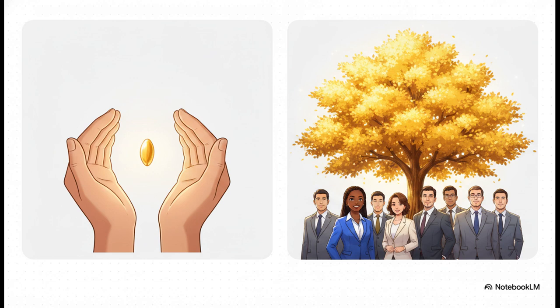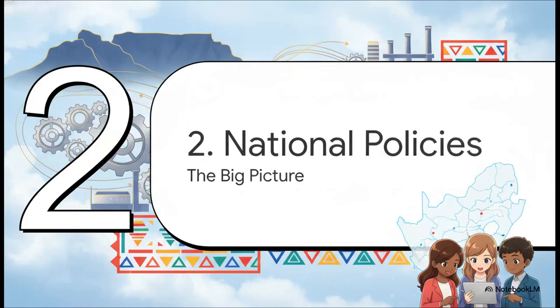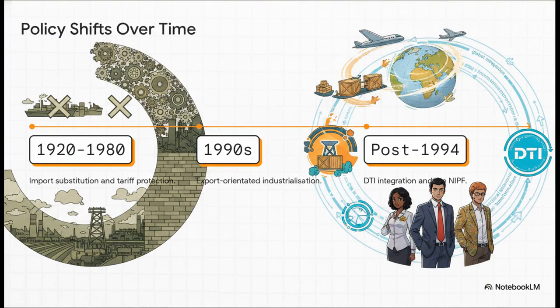Keep it balanced. Okay, let's zoom out to Section 2, the big picture, focusing on national policies. Let's take a quick trip back in time. From the 1920s all the way to the 80s, South Africa's go-to strategy was import substitution. We basically slapped strict tariffs on foreign goods to protect local industries, trying to literally make everything ourselves.